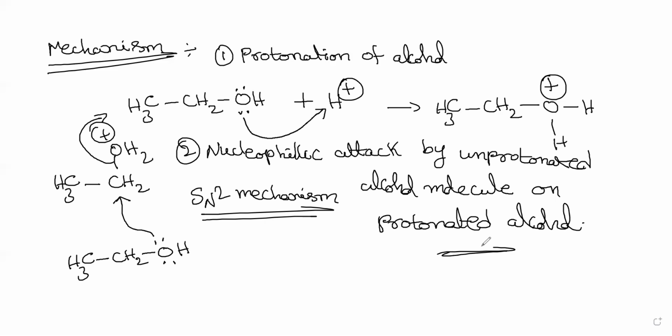This is the second step. So this happens via SN2, substitution nucleophilic bimolecular mechanism. It will happen because it is a primary carbon. Primary carbons have a tendency to undergo SN2 reaction. So this is the second step.